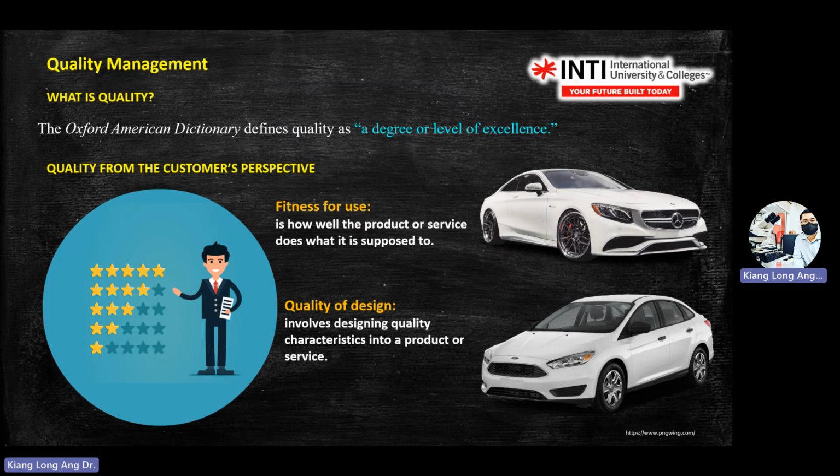So for example, the two cars on the screen here, although both are white and both have four wheels, they are targeting different market segments. For fitness for use, both are automotive, but the one at the top and the one below differ depending on the market segment.